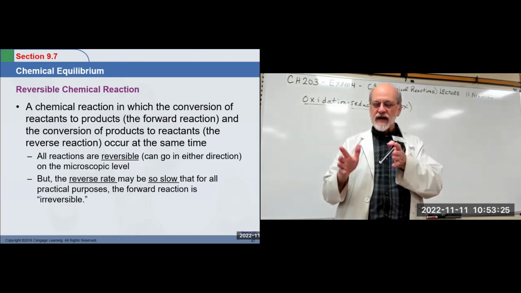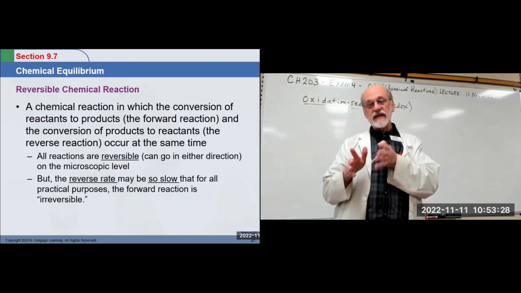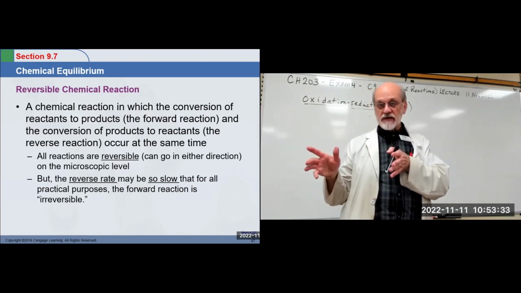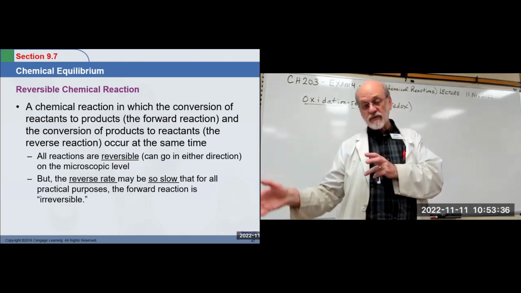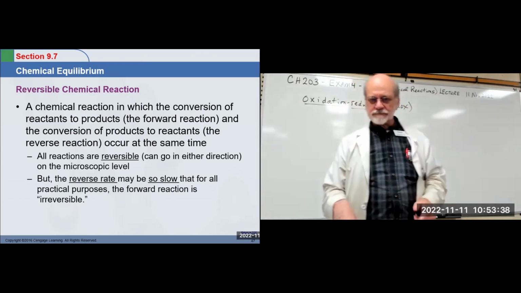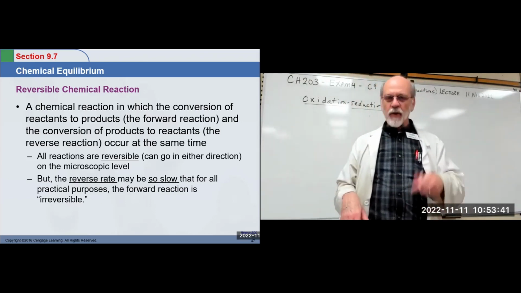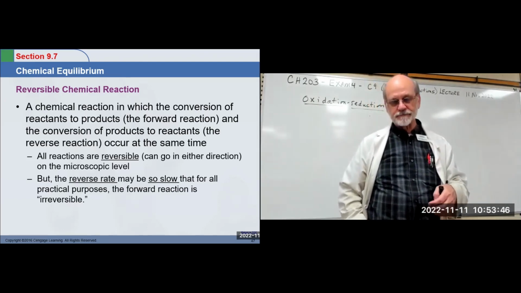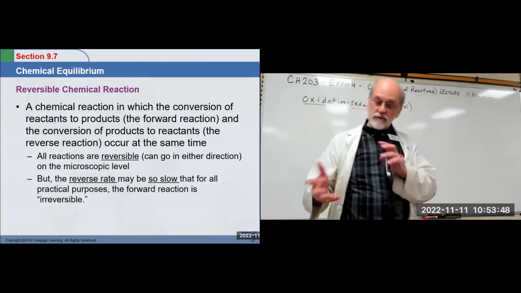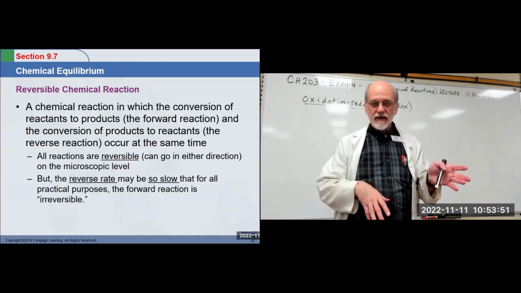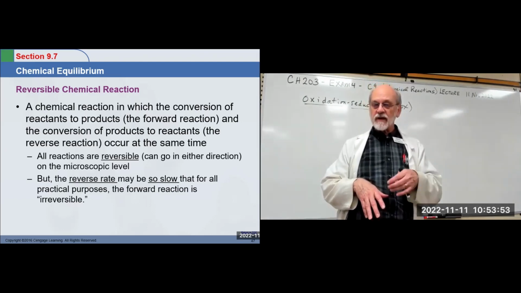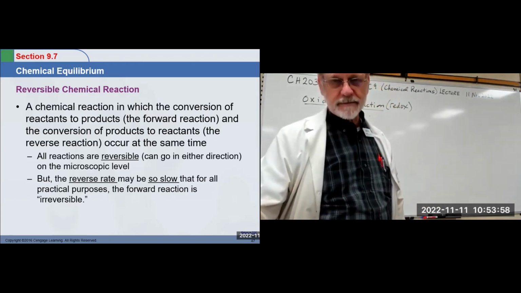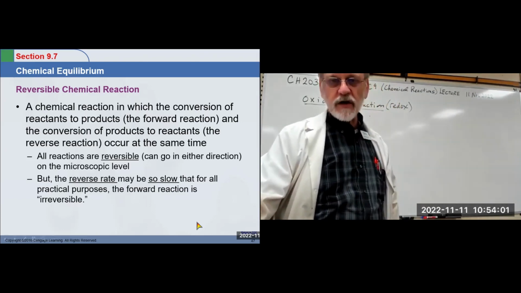Over longer periods of time, that tends to be problematic. In other words, the reaction may go to a certain point where essentially all of the reactants are consumed into products. But for our purposes, on the microscopic level, we can say that all reactions are reversible. But the reverse rate may be very slow. And if it's slow enough, then it may appear that all of the reactants have disappeared and you have now products only. And that would be called an irreversible reaction.